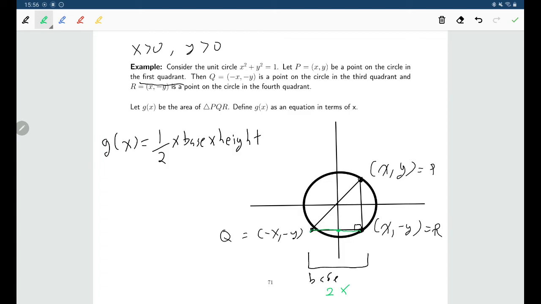And similarly, for the height, from the center to P, it's y units. From the center to R, it's y units. So for the height, it's 2y.